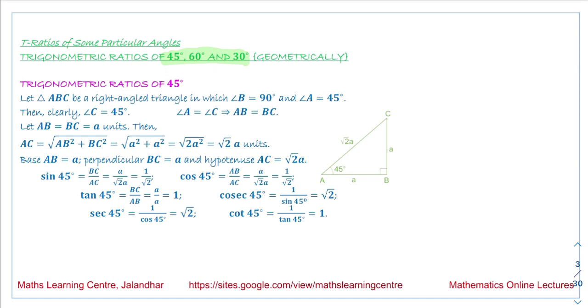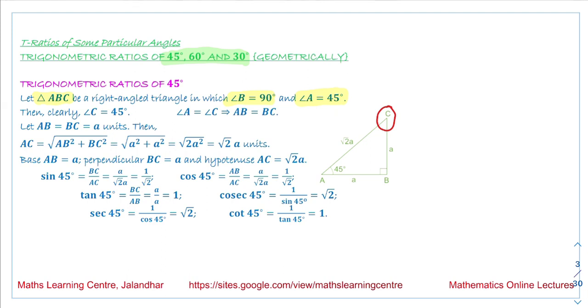So first of all we are talking about the trigonometric ratios of 45 degrees. We have a triangle ABC which is right angled at B and angle A is 45 degrees. So the angle at C will be 45 degrees.